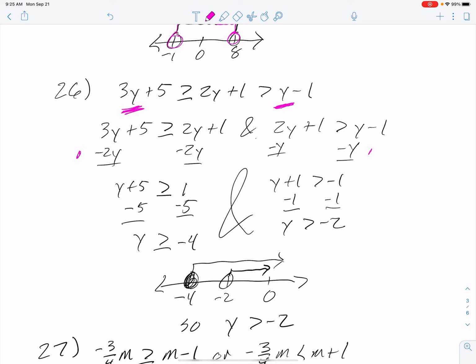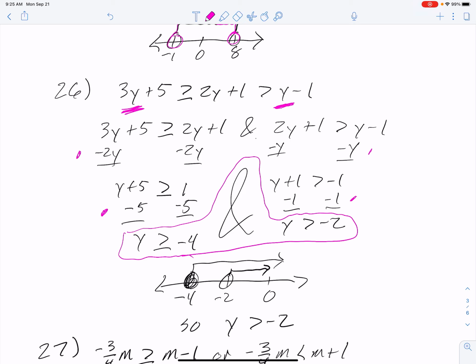On my right side, I begin by subtracting y. On my left side, I subtract 5. On my right side, I subtract 1. And I end up with y is greater than or equal to -4, and y is greater than -2. When I go to sketch these, y is greater than -4, and y is greater than -2.